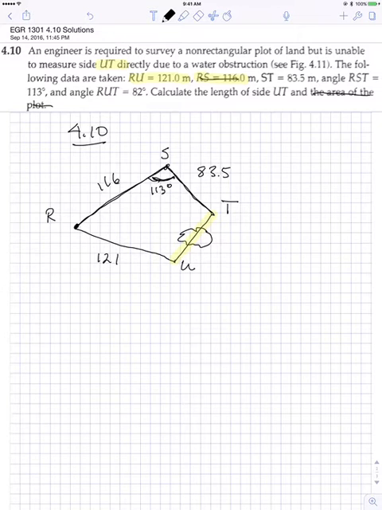We also know that the angle RUT, from R to U to T, is 82 degrees.